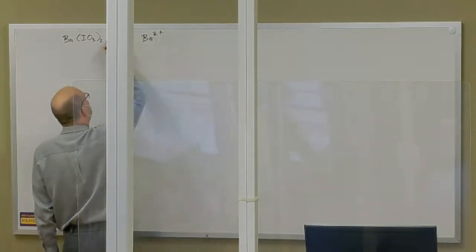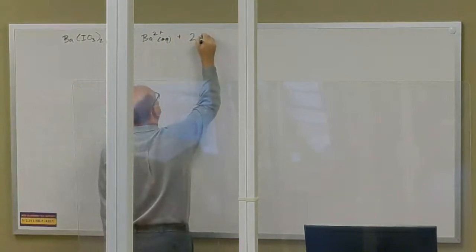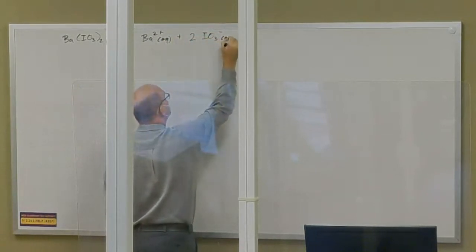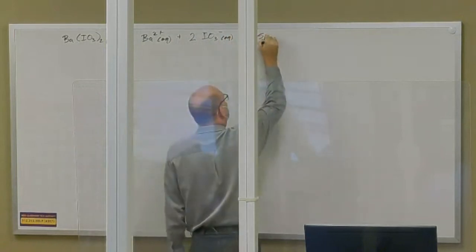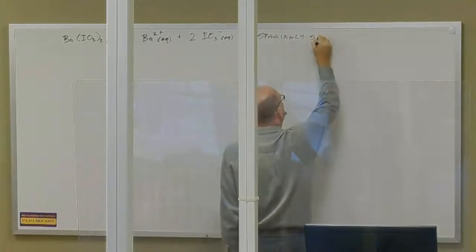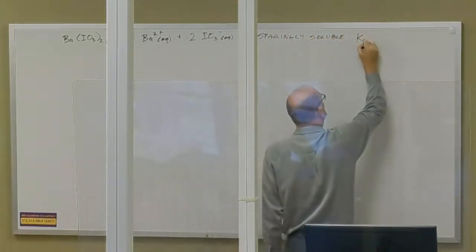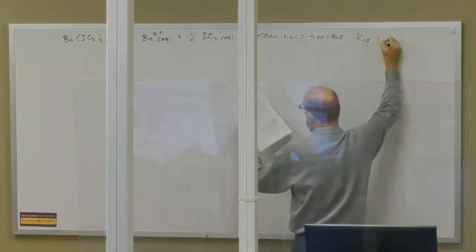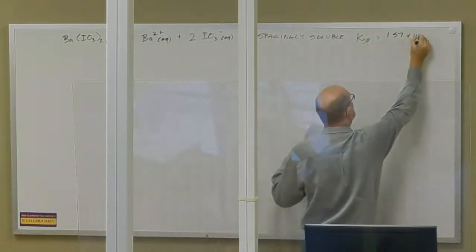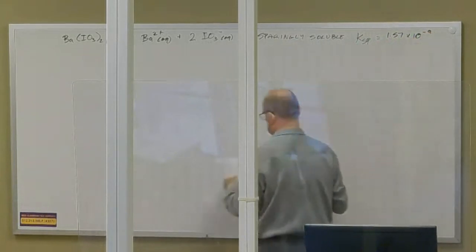So this is in the solid, this is in the aqueous, and we're going to make 2 iodates. It's sparingly soluble with a KSP equal to 1.57 times 10 to the -9.